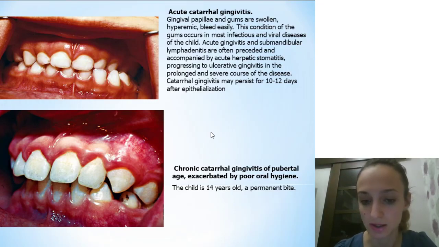The second case is chronic catarrhal gingivitis of pubertal age, exacerbated by poor oral hygiene. You can see the soft plaque and inflammation of the gums. The child is 14 years old and has a permanent bite.